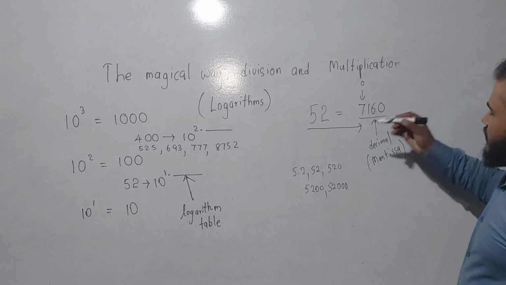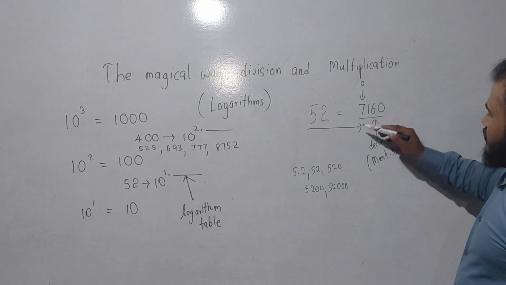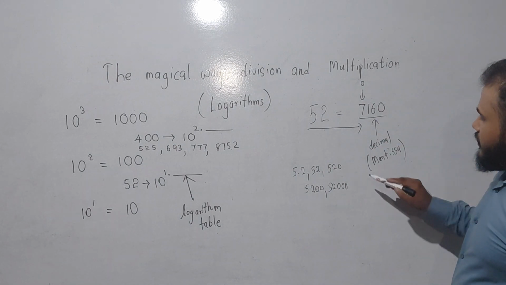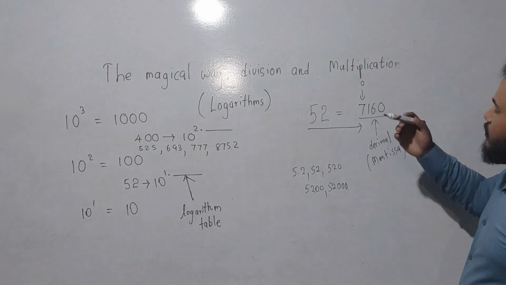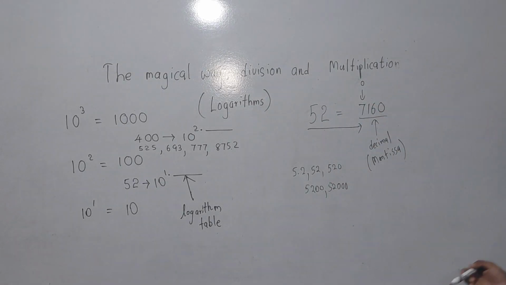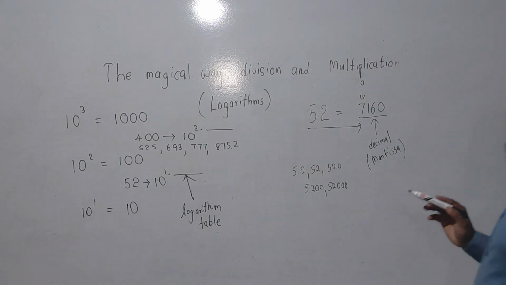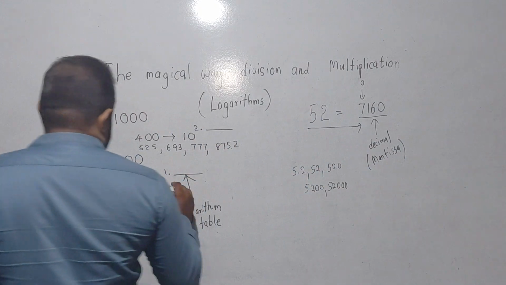So there should be a method to define if this is 52 or 5.2 or 520 or 5200. For that, we use this part.